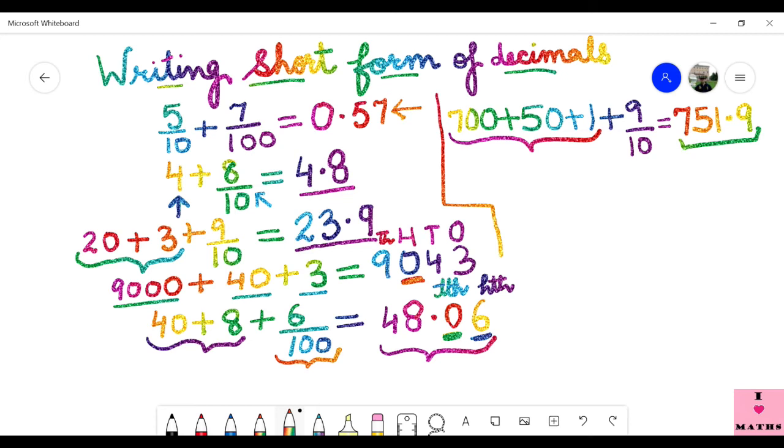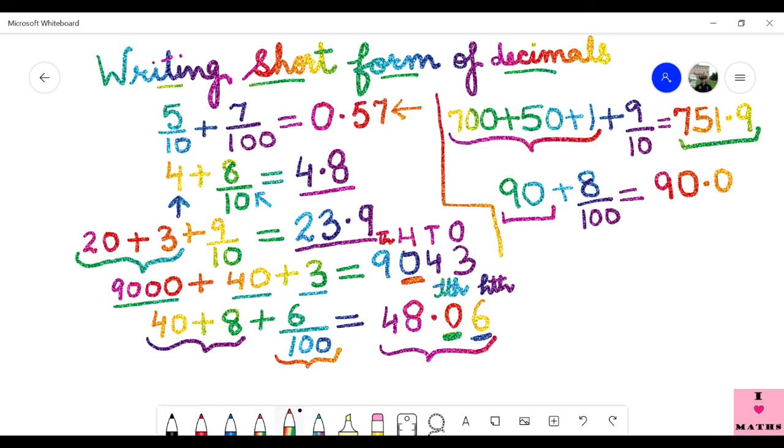If we have an expanded form like this, 90 plus 8 upon 100. Here we have only one whole number, and that is 90. So 90 will come on the left hand side of the decimal, and since there is nothing at 10th place, nothing at 10th place means a 0 at the 10th place.